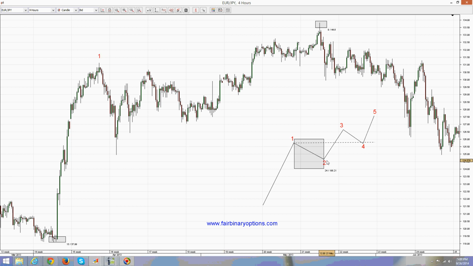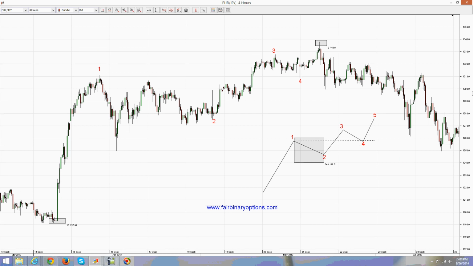Then of course the second wave to the downside being all the way in here or here probably, but I would say something like this, the second wave. Then the third wave goes all the way to the upside here. Then the fourth wave should be all the way to the downside here. And the fifth wave, of course, let's say stabbing the 1, 2, 3 trend line.